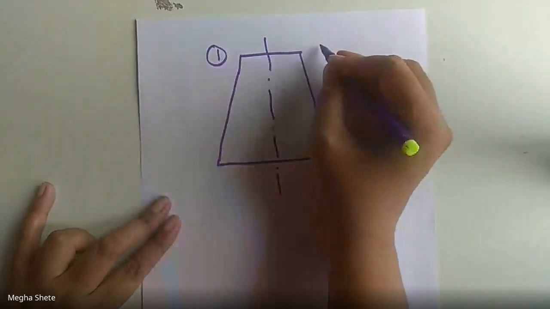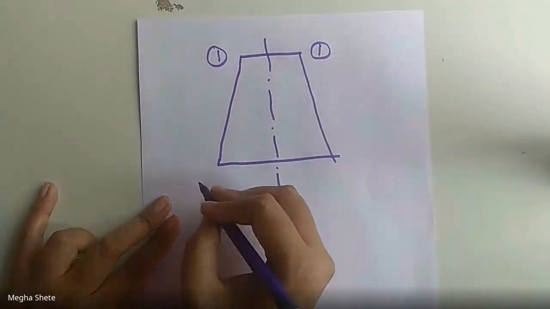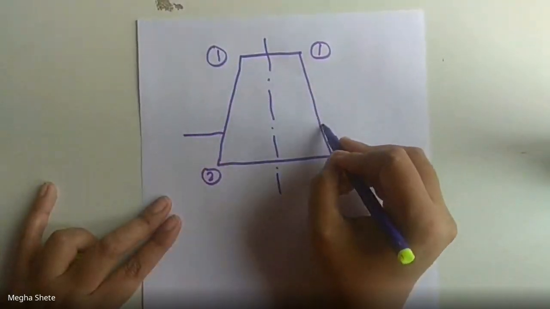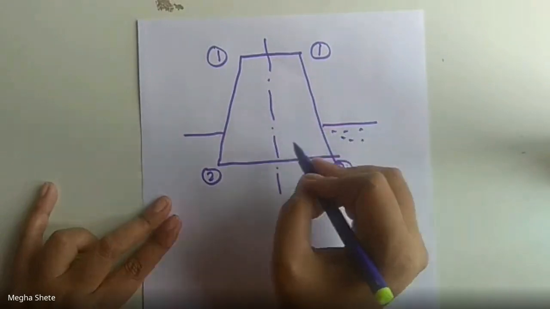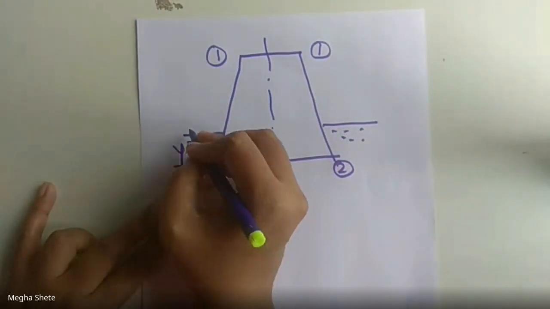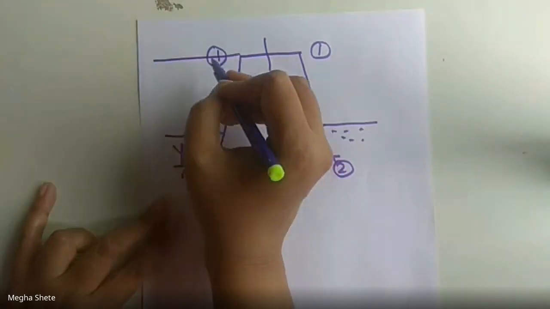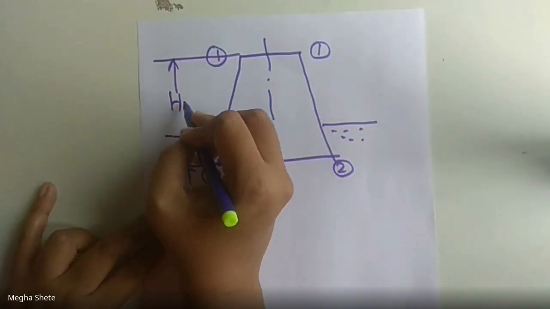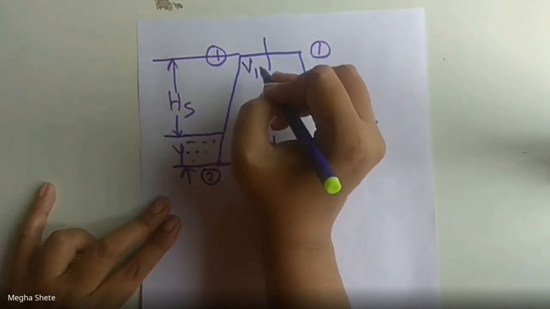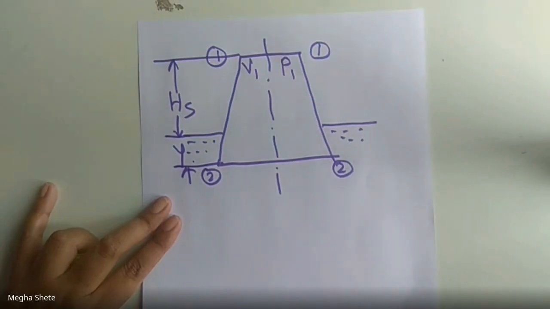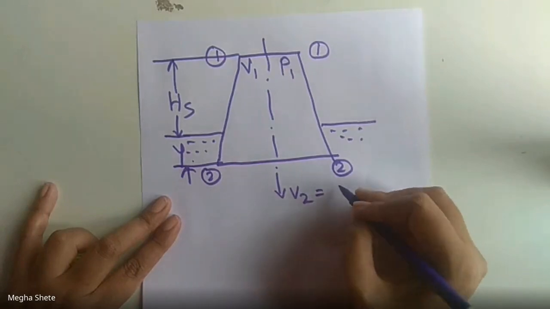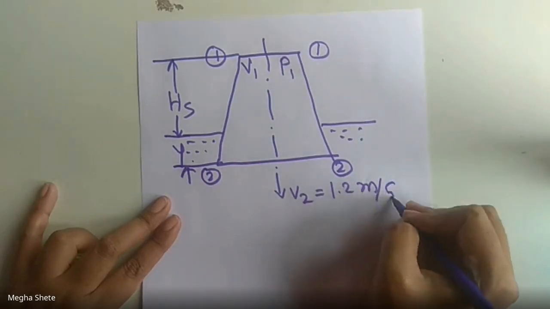This is section 1-1, section 2-2, this is tail race. This distance is y. This distance is HS. Velocity is V1, pressure is P1 at the inlet. V2 they have given us as 1.2 meter per second.